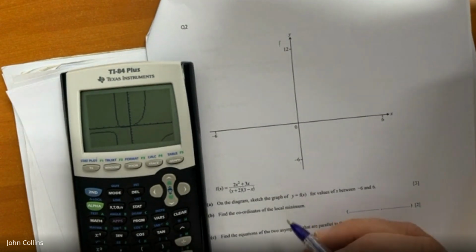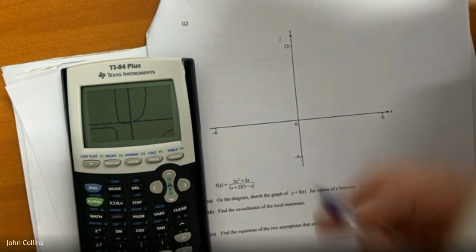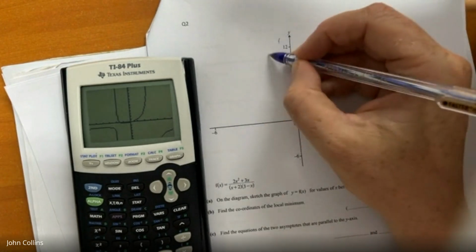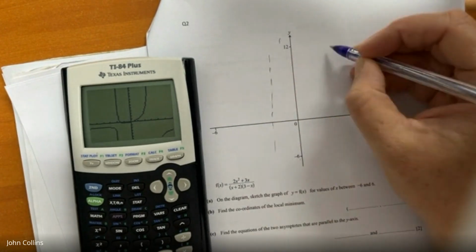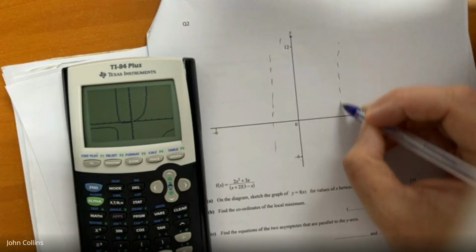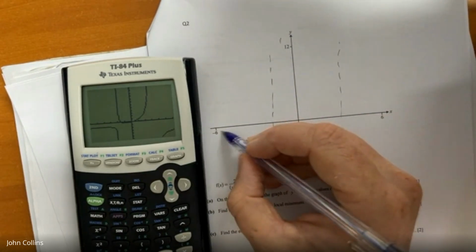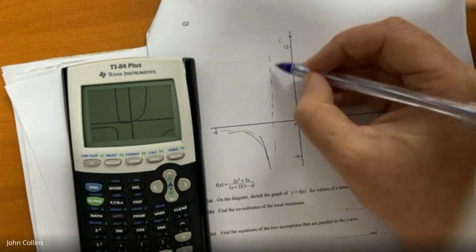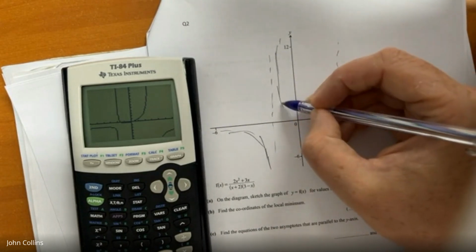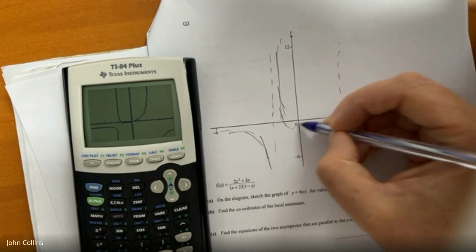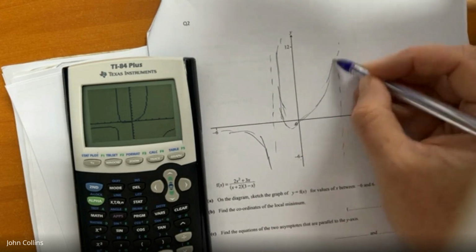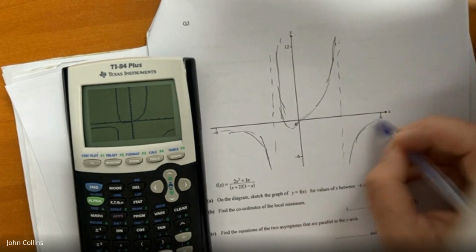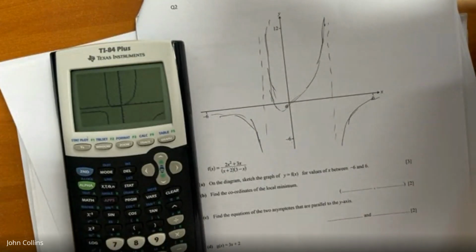Okay, so sketch it then. Oh, it goes underneath and then comes back up. Something like that. Okay, so I sketched it.